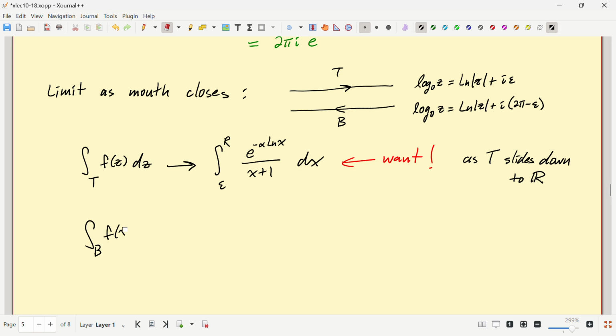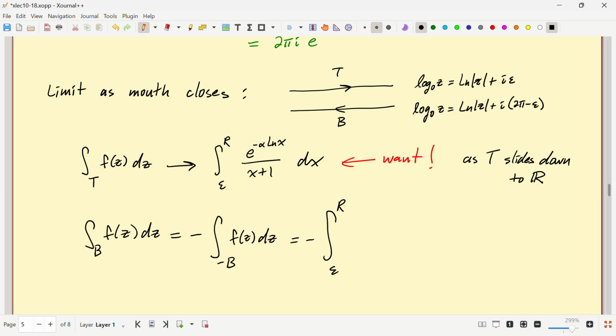It's going to the left instead of to the right. So that's going to be minus the integral along minus b, and so that's going to be minus the integral. Well, we're terrified that these are going to cancel each other.